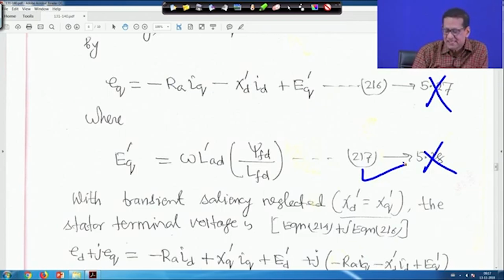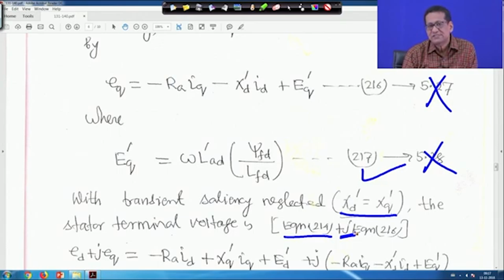Therefore, with transient saliency neglected, that means when x d dash is equal to x q dash, for the stator terminal voltage we add equation 214 plus j into equation 216.